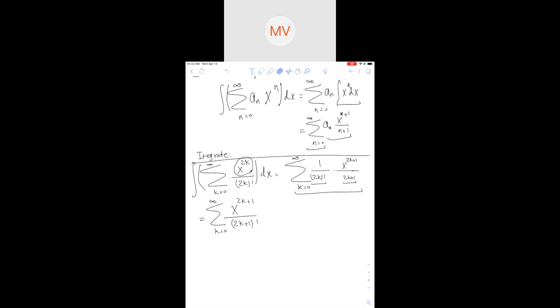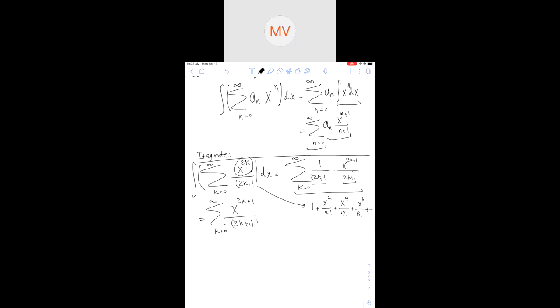So it's very interesting. This series, if you expand it and write down the first few terms, you'll see it's 1 plus x squared over 2 factorial, plus x to the 4th over 4 factorial, plus x to the 6 over 6 factorial, and so on.